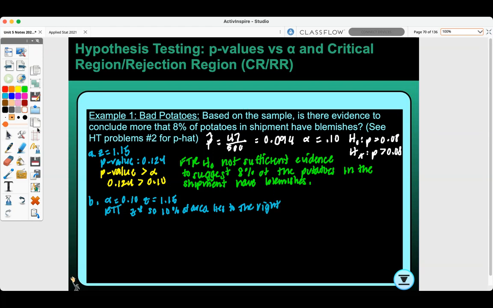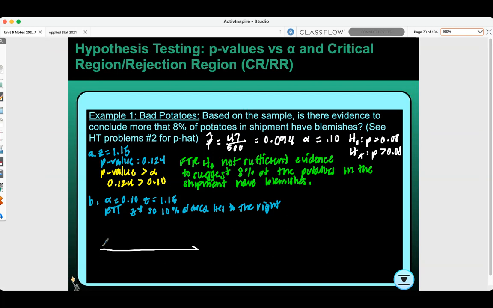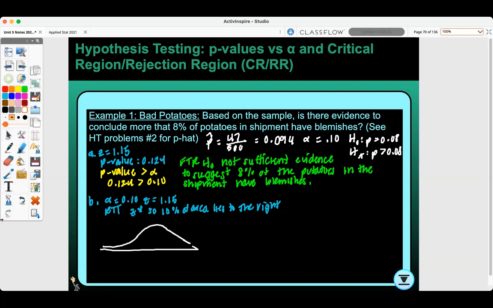Let's go ahead and draw a picture of that. I have 0 here, and my z-score when 10% lies to the right would be 1.29.